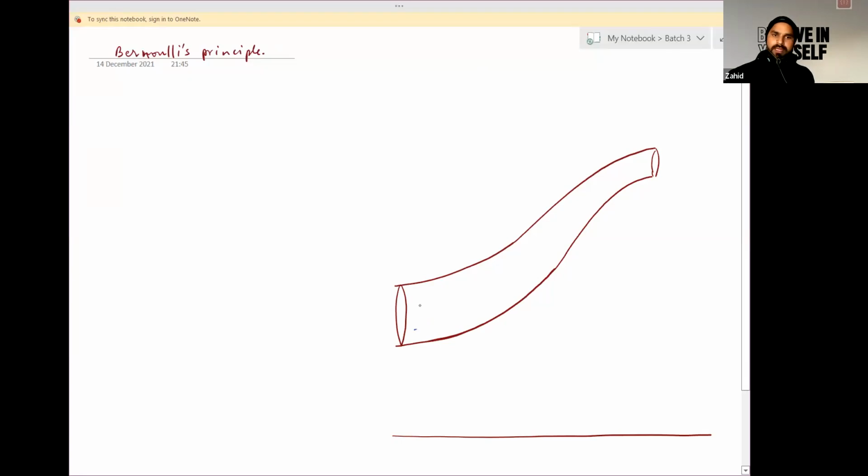A tube having varying cross-section area A1 at this point, so the velocity of liquid at this instant is V1. At this point, the area is A2, so the velocity is V2.